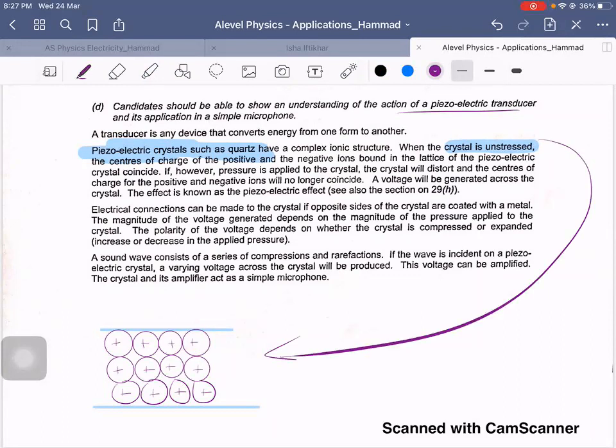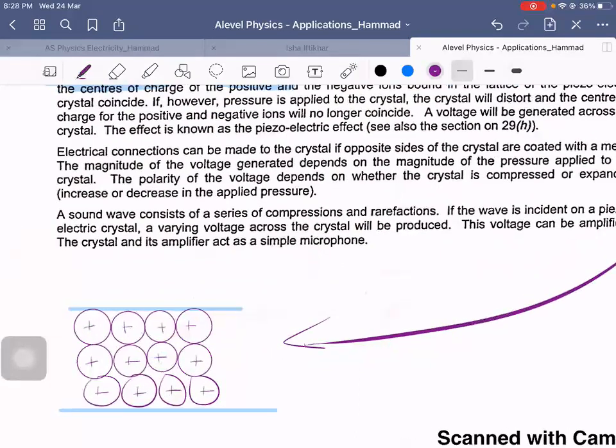The centers of the positive and the negative ions bound in the lattice of the piezoelectric crystal will coincide, meaning to say it's like a sandwich structure. This is just one layer. In a third dimension moving downwards, you could see the positive being neutralized with the negative.